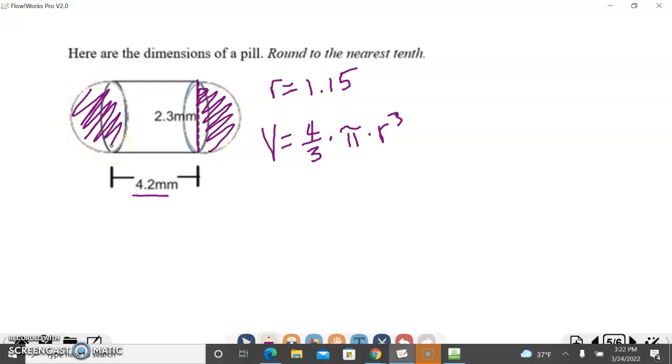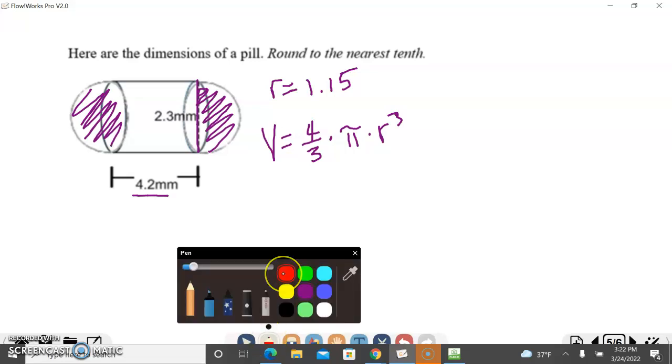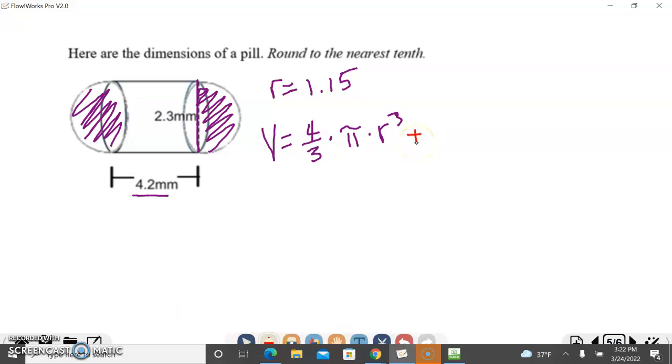We need to do the inside there, which is a cylinder. So in that case, we're going to add pi times the radius squared times the height, and that will cover this section here. So that should give us our total volume of that whole shape.